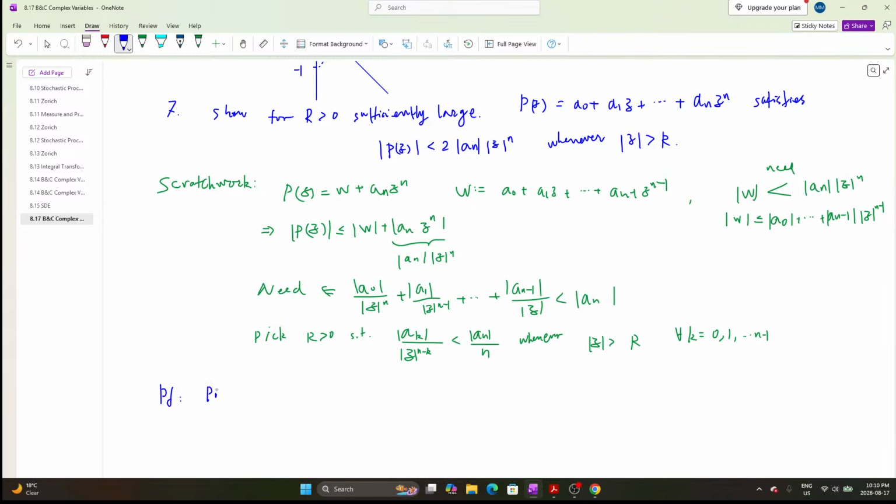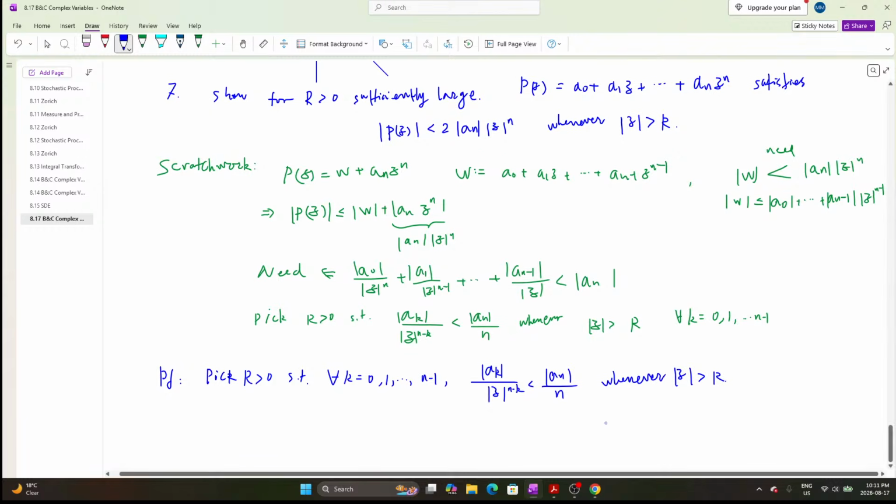Pick R positive such that for all k equals 0, 1, all the way to m minus 1, the absolute value of a_k over the modulus of z to the m minus k is less than the absolute value of a_n over n whenever the modulus of z is greater than r. So that's possible.